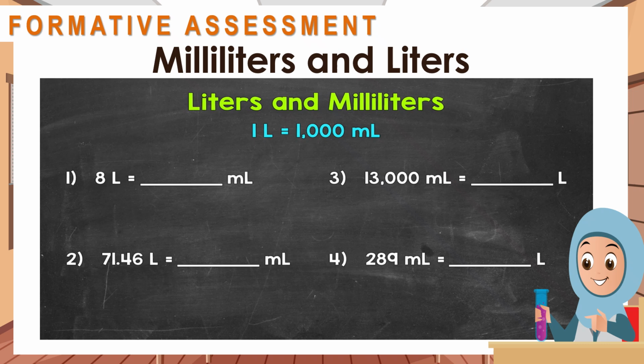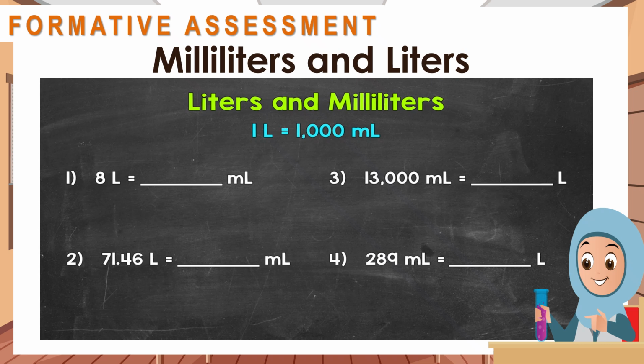Let's jump into number 1, where we have 8 liters equals how many milliliters? Well, 1 liter equals 1,000 milliliters. So we have 1,000 milliliters 8 times. In other words, 8 times 1,000.